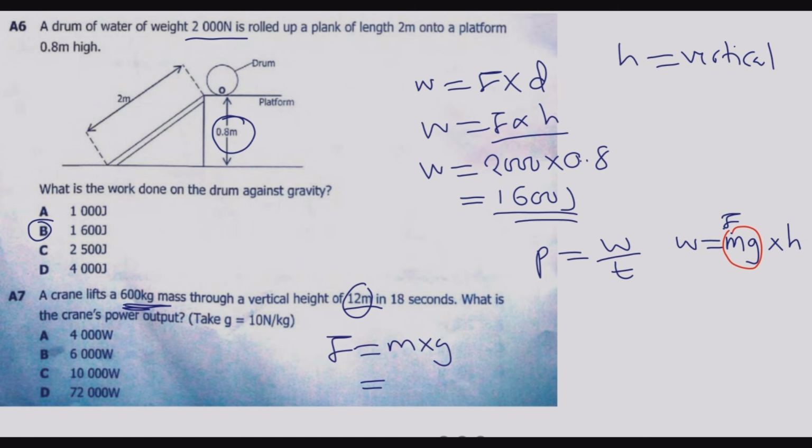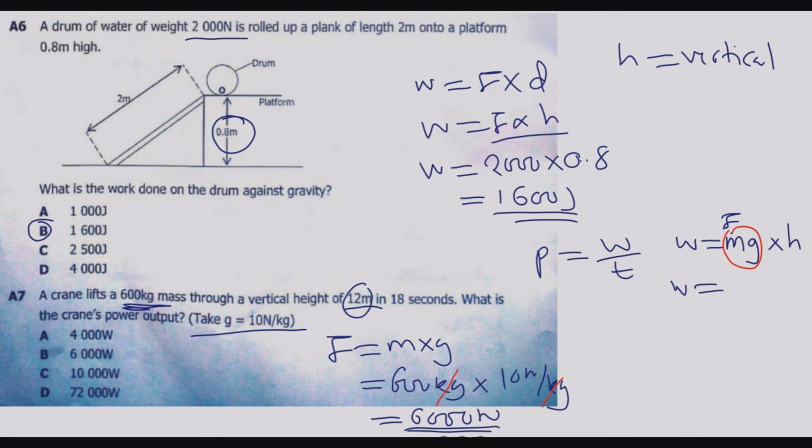So we have mass 600 kg multiplied by 10 Newton per kg. What you notice is this kg and this kg cancel. Then when we multiply, we end up with 6,000 Newton as the force.